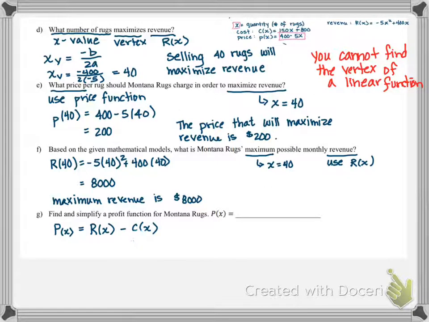And just like we've always done, since we're doing subtraction here, we're going to put each of those in brackets so we distribute correctly. So this gives me negative 5x squared plus 400x, minus my cost function they gave me at the beginning, 150x plus 800.